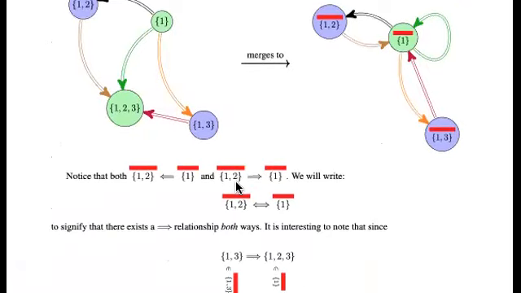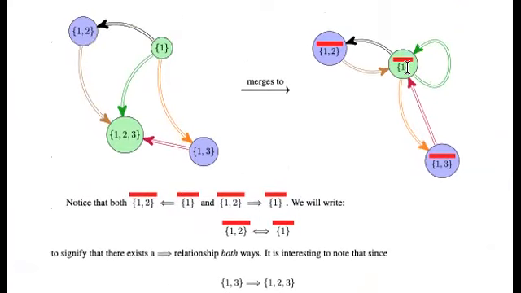Here's a little notation now. Notice that in this particular merge, you have a relationship from 1 arrow to 1 2, and a relationship from 1 2 to 1.